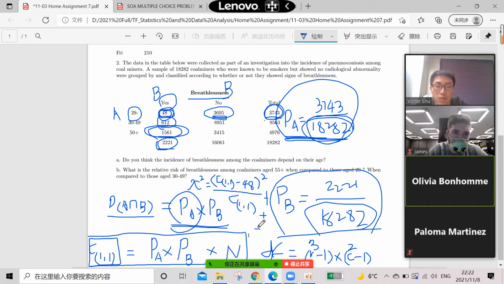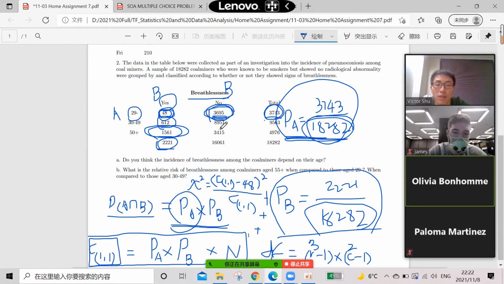So basically, we measure the difference between our expected number and 48, and then we measure again the difference for the first row, second column. What's the difference between the expected value and its observed value, 3695?